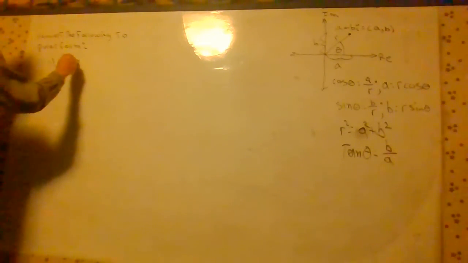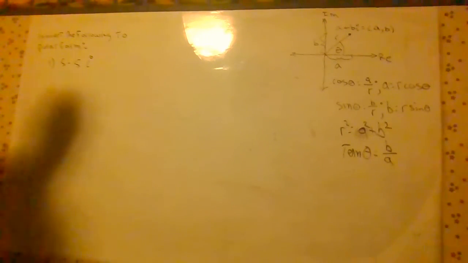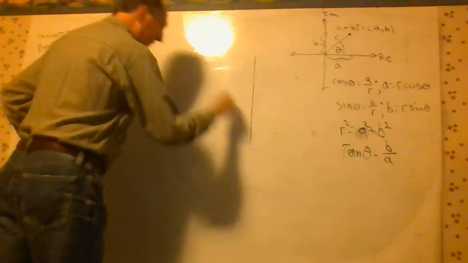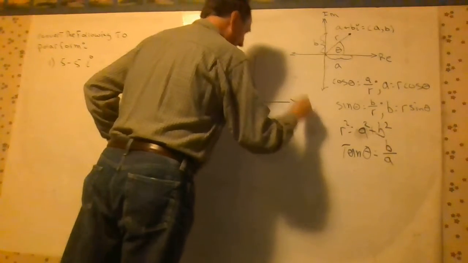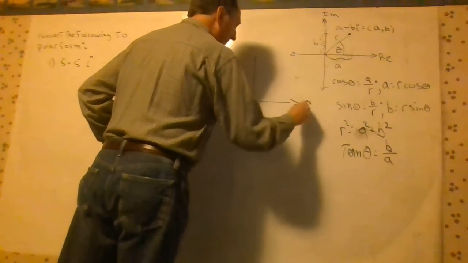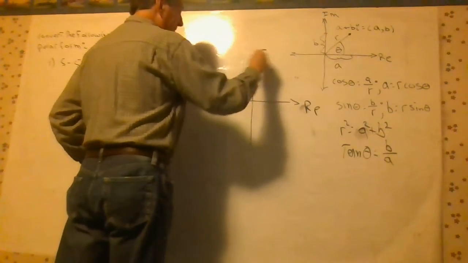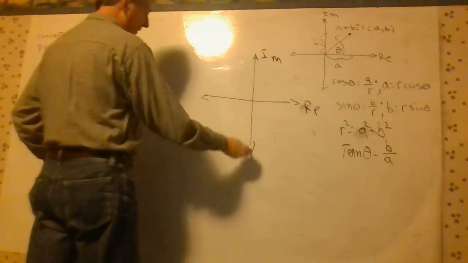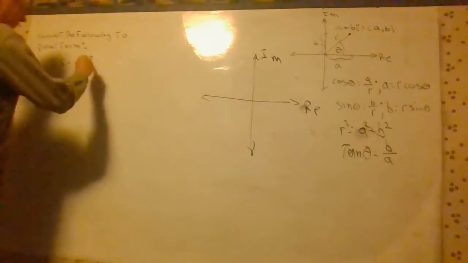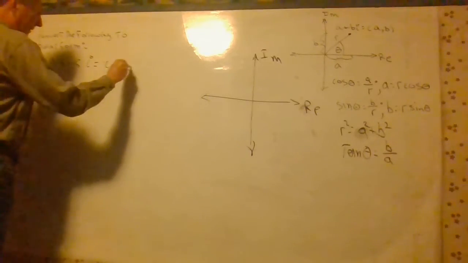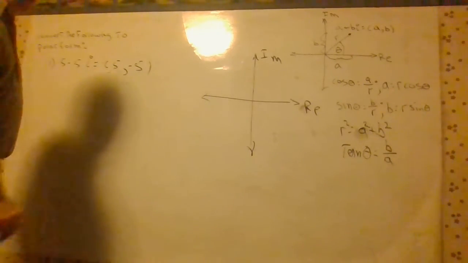Let's suppose we have 5 minus 5i. Clear a little bit of space here. And that's our real, that's our imaginary axes. 5 minus 5i is the point (5, -5).